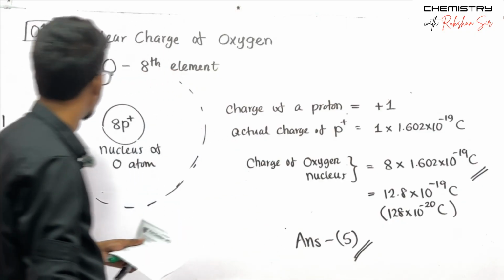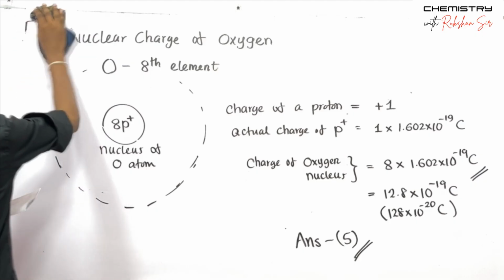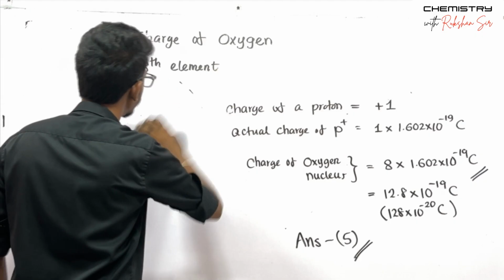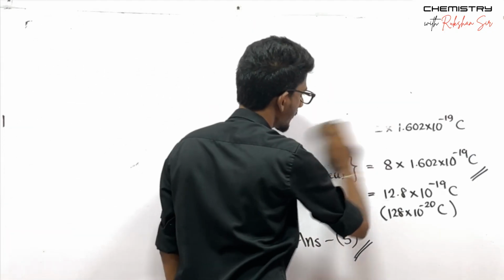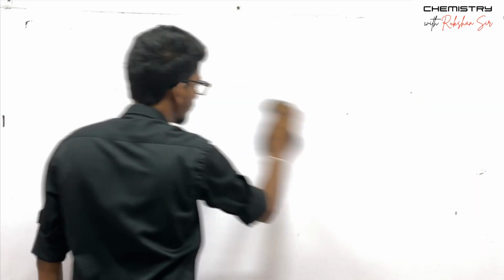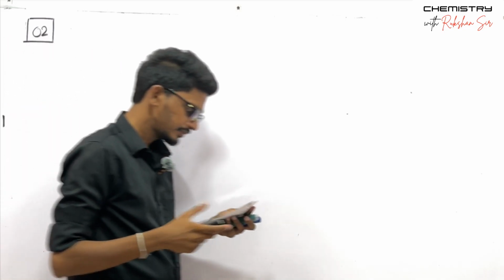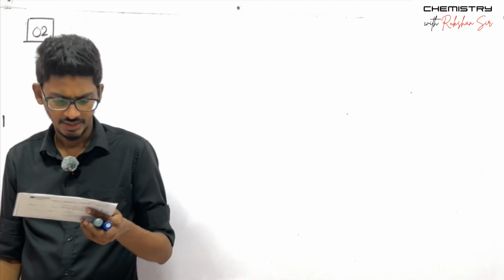Okay, let's come to question number 2. The scientist who worked hard to put forward an atomic nucleus model is... Right?